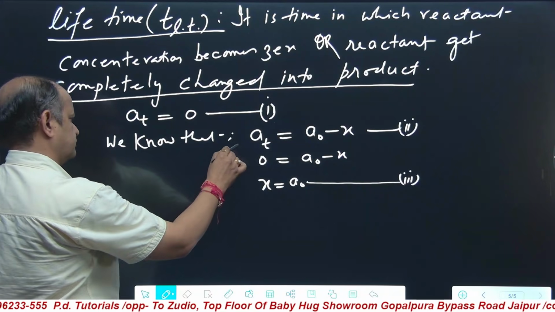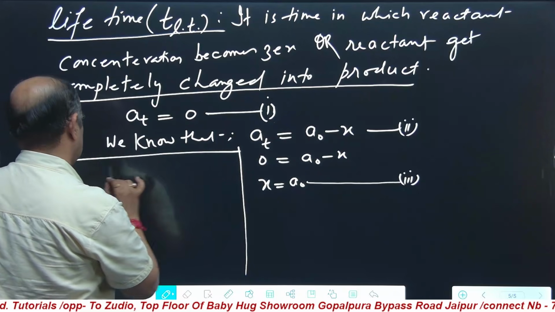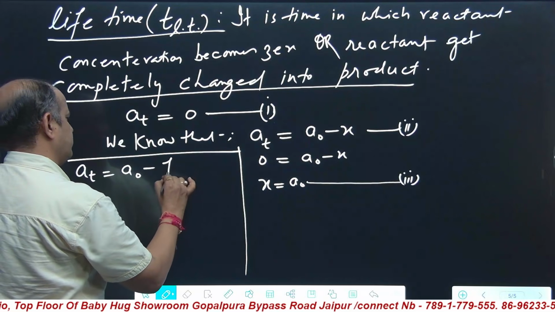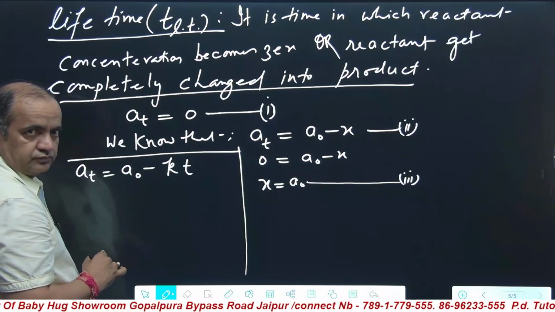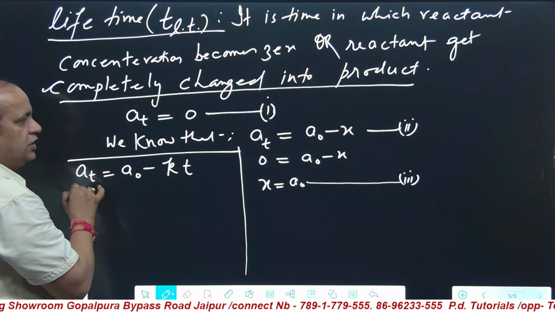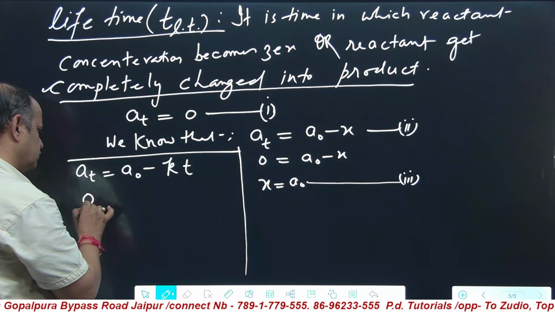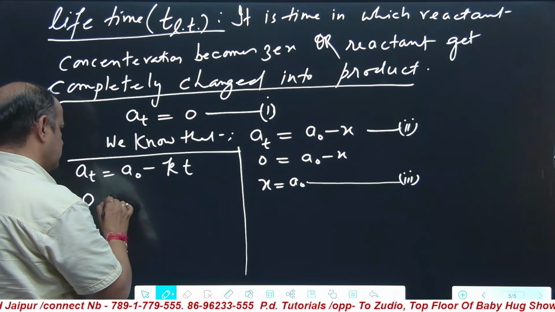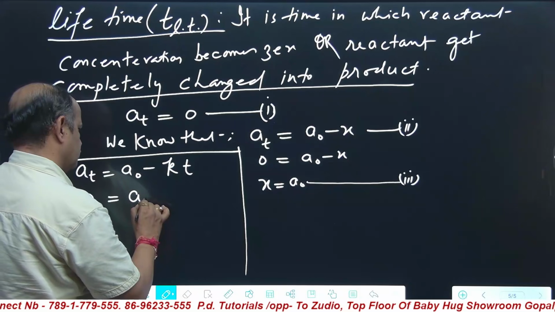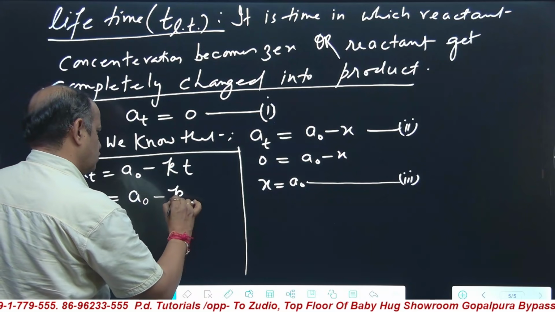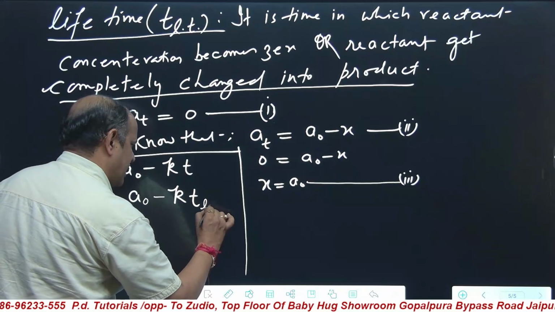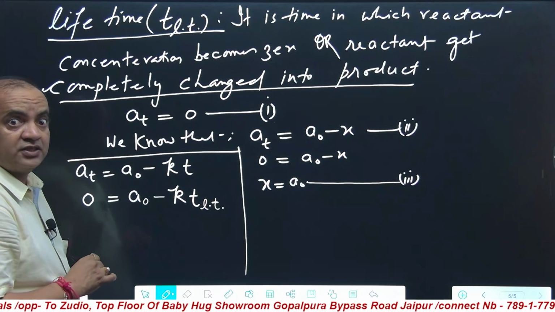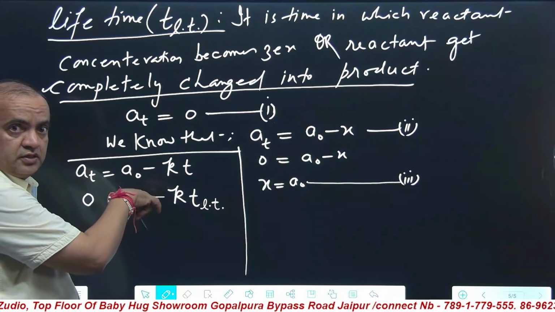Also, At equals A naught minus kt we have studied. This At is 0 at the time of LT, lifetime. Any doubt to anybody?